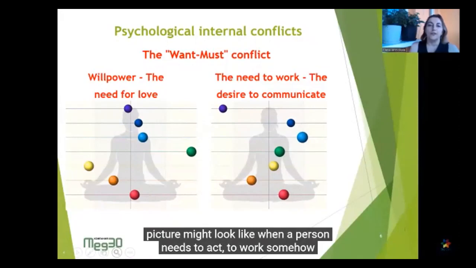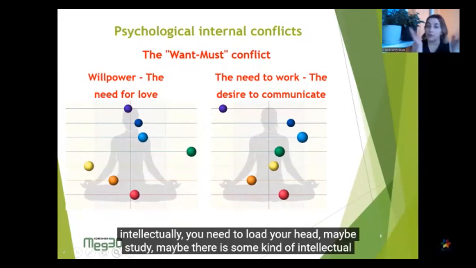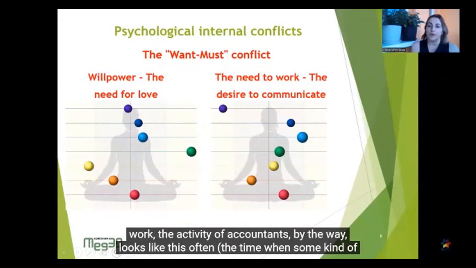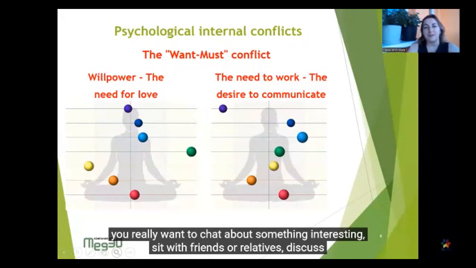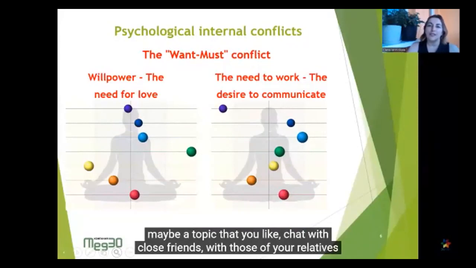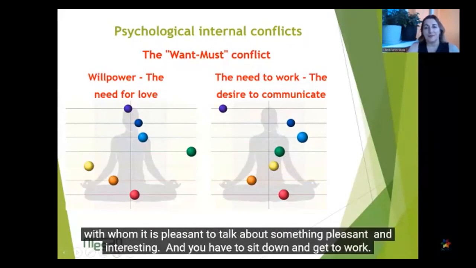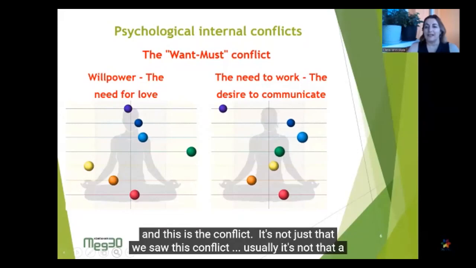The picture might look like this when a person needs to work intellectually, to load the head, maybe study, as accountants do with big reports or calculations, or scientists preparing reports. But you really want to chat about something interesting, sit with friends or relatives, and have a pleasant talk about topics interesting to you. But you have to sit down and do the work, and this is the conflict.